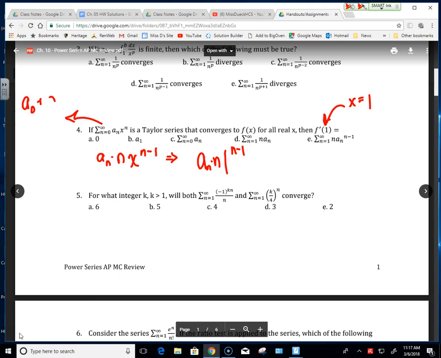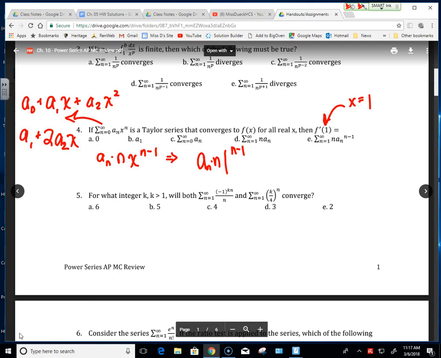My next term would be a sub 1, x to the 1. Next one will be a sub 2. Okay, we don't need to go very far. What I'm trying to show you is when you take the derivative, what's going to happen to this guy? He's going to be gone, right? He's going to be 0. This one's going to be a sub 1 plus, bring down the n, a sub 2, x to the n minus 1, right?